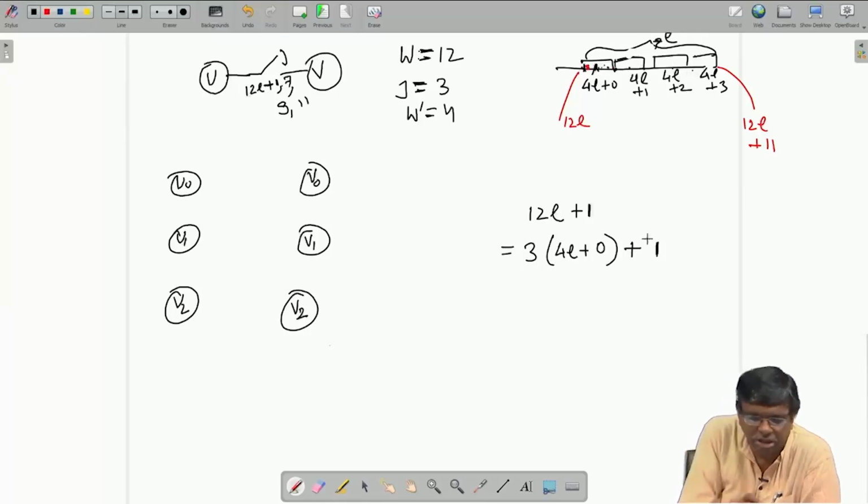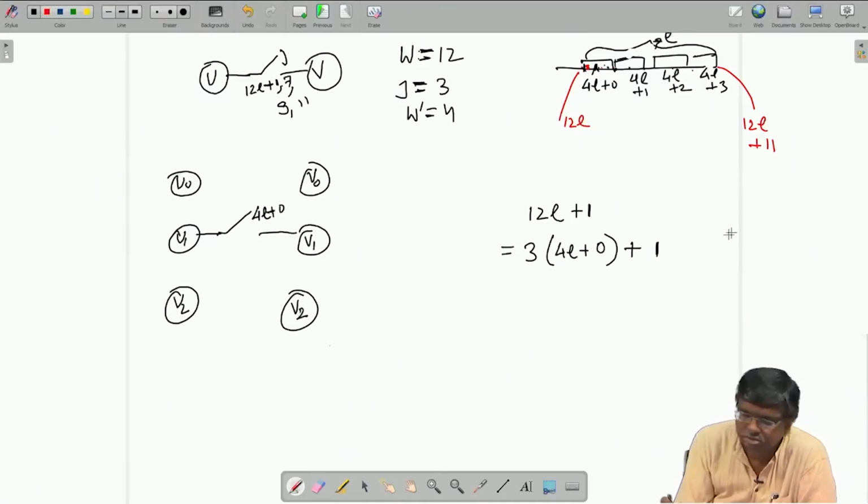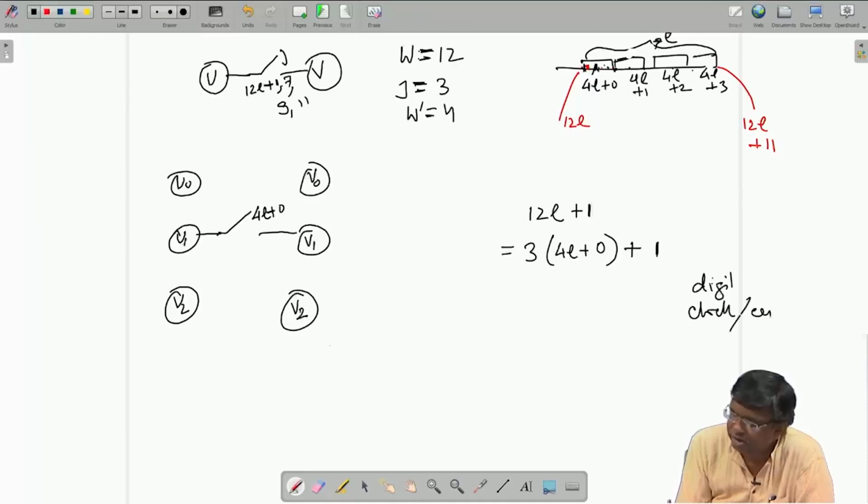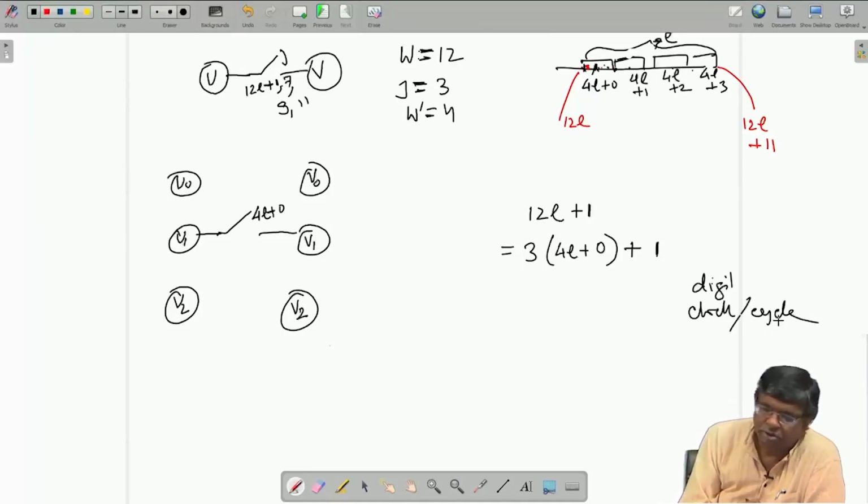So 1 means U1 will get connected to V1, with no delay in this path. So U1 will go at what clock? 4L plus 0, that digit clock. This is the digit clock; sometimes I say cycle.